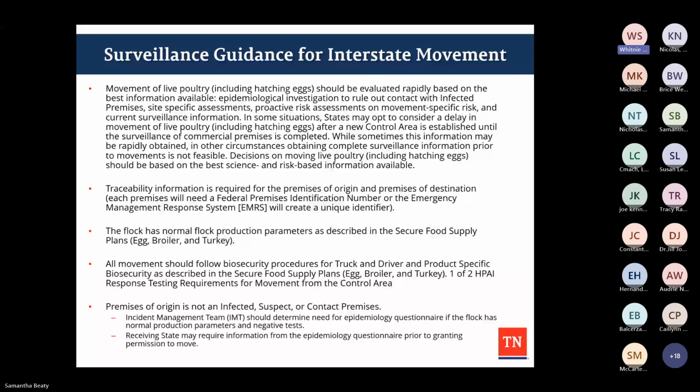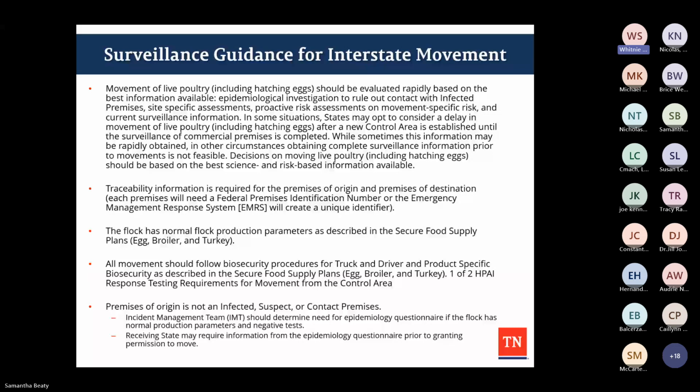So we try to get that information as quickly as possible, but it can take time, especially in that first couple of days in a detection for HPAI. So there is always a chance that approving some movements may be a little bit delayed, and that's just because we're trying to identify where farms are located and how risky is it for them to move things, how closely are they connected to that infected farm.